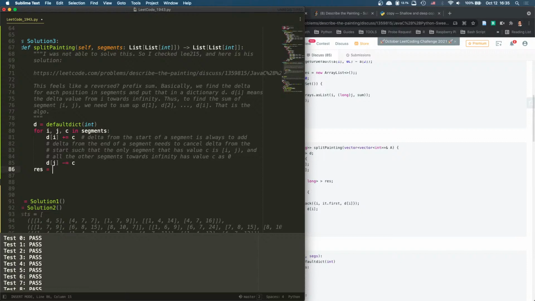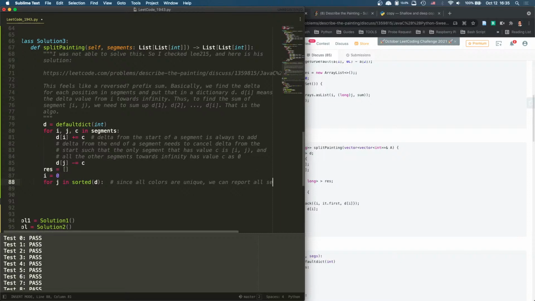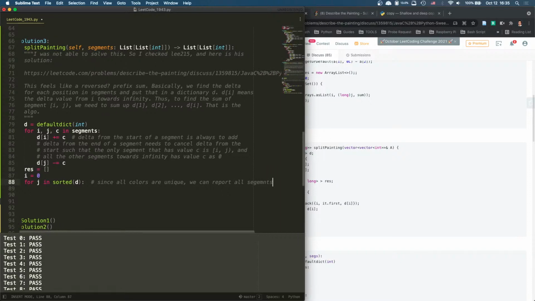All right, so we do this, and once we're done, I'm going to say res equals this, right? And then i is the starting point, and I'm going to say for j in sorted d, so I'll go one by one. Since all colors are unique, we can report all segments, right?